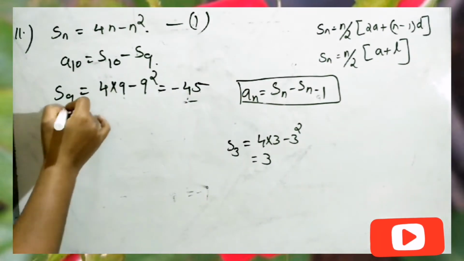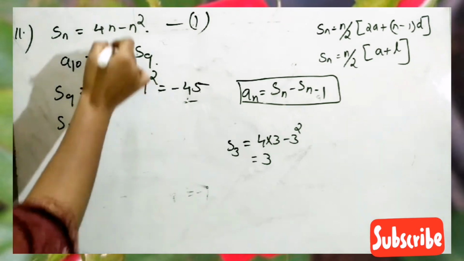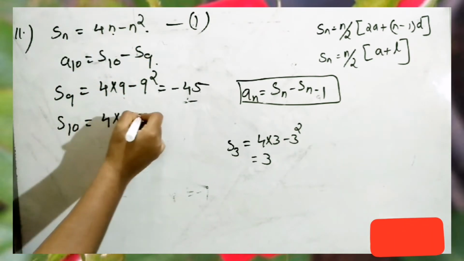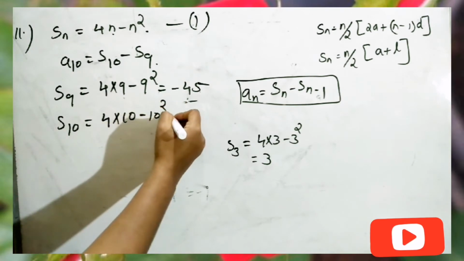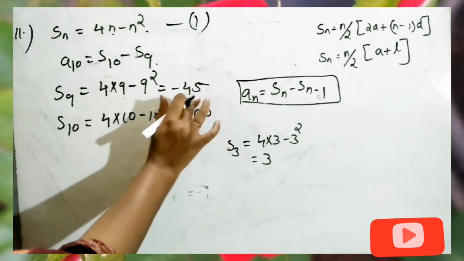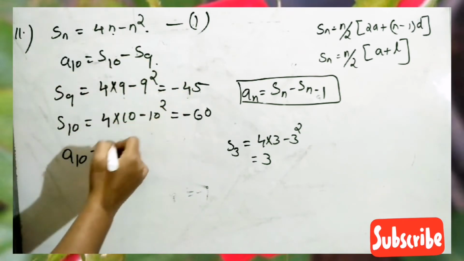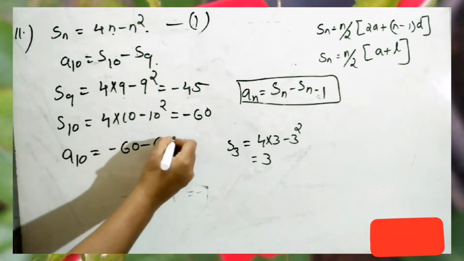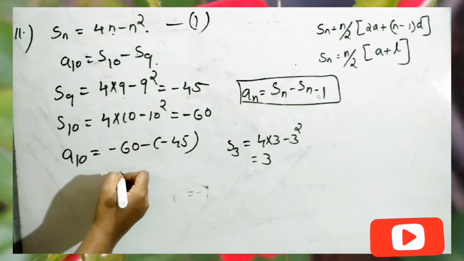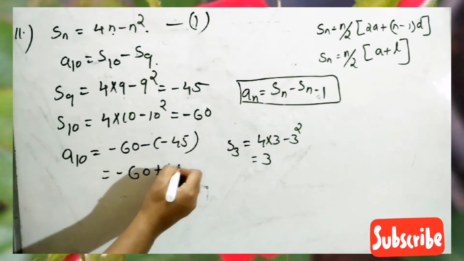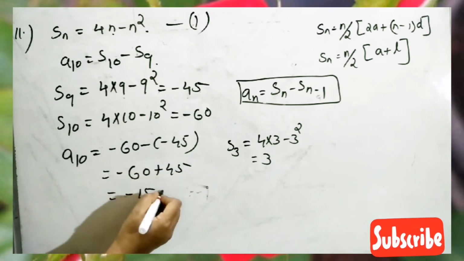And S10: in this expression put n equal to 10. So 4 into 10 minus 10 square is equal to minus 60. Then the 10th term A10 is equal to S10 minus S9, that is minus 60 plus 45, which is equal to minus 15.